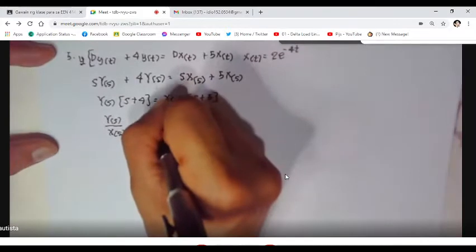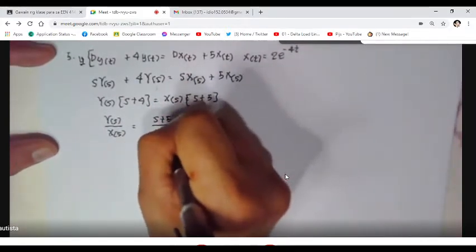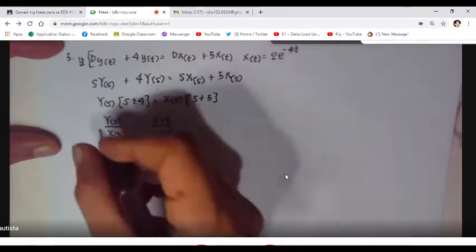That is s plus 5 over s plus 4. Ayan. So that is already your transfer function. Okay? Next. Hanapin daw natin yung y sub t.